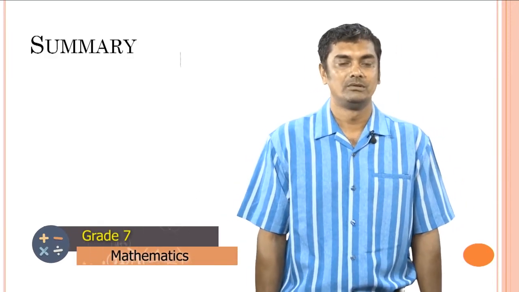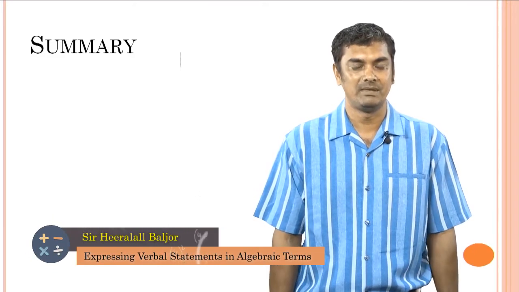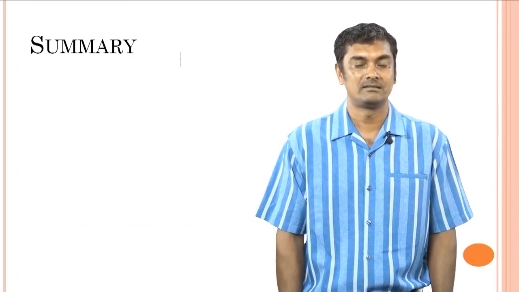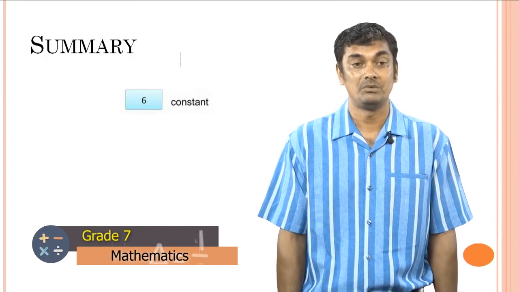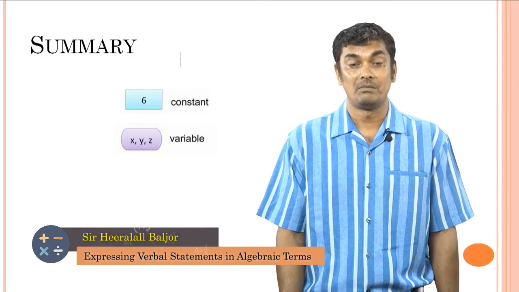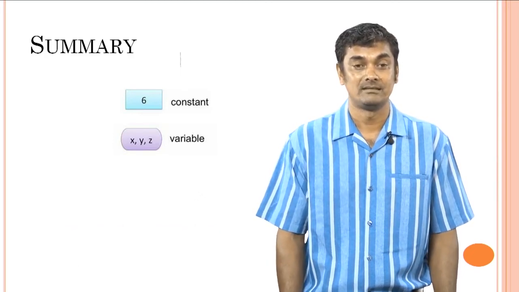Having gone through this session where we were writing algebraic statements, we were using some key mathematical terms. For example, a constant. What do we mean by a constant? That's a numeric value. We talk about the variables, which are the letters of the alphabet.